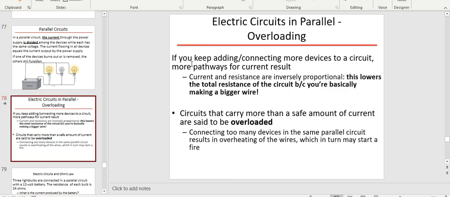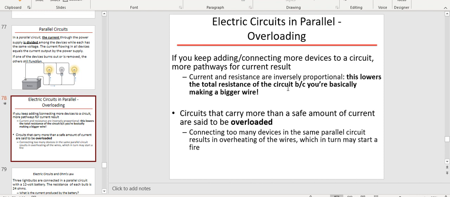So if you keep connecting more devices to the circuit, you get more pathways for the current. Okay, makes sense, right? Current and resistance are inversely proportional, so this lowers the total resistance of the circuit, because you keep adding new wires which are connecting to light bulbs.